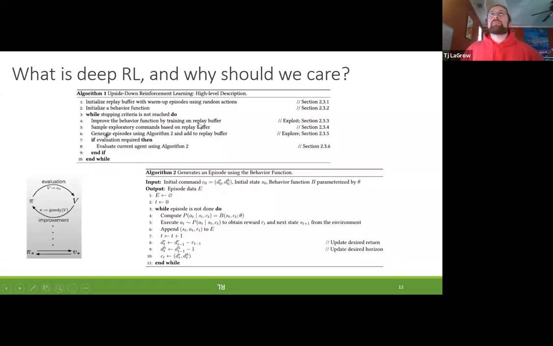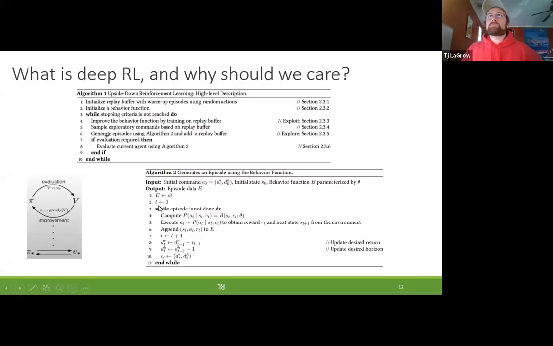The behavior function is then trained on the replay buffer, which is iteratively updated to have the best actions given the specific state. Sample exploration commands are then added to the replay buffer, the episodes using algorithm 2. And then if the evaluation required is met, the agent will stop.